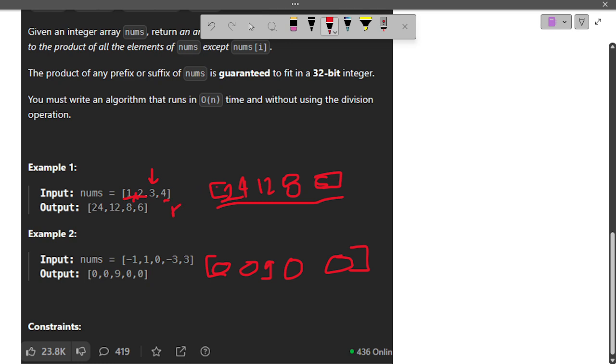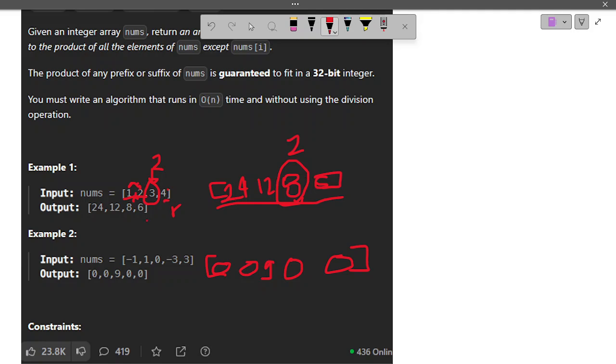Like here, if you are at index 2, you multiply 2 into 1, which is 2, and 4 multiplied by 2 becomes 8. So at index 2, you get 8.